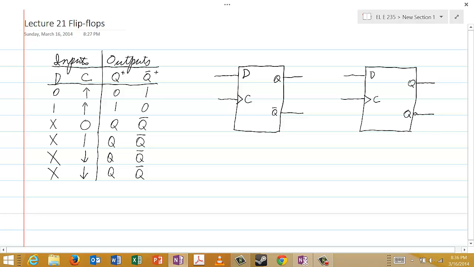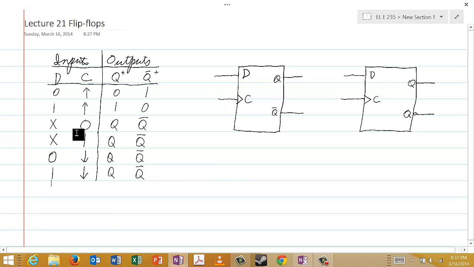What these last two lines say is that if at a moment when the clock goes from 1 to 0, if the input D is 0, the next value of Q will be the present value of Q, and the next value of Q complement will be the present value of Q complement. Or if at a moment when the clock goes from 1 to 0, if D is 1, the same thing will be the case.